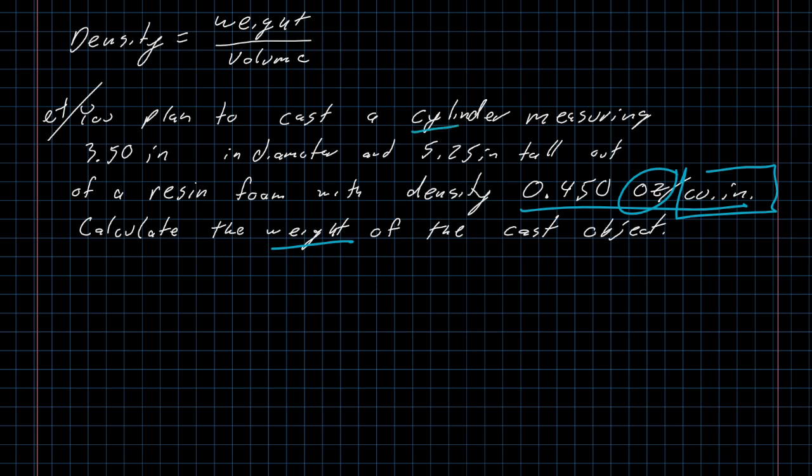All right, well, it's a cylinder. Cylinders are very straightforward. The volume is going to be pi r squared h. We are given a diameter, not a radius, but that's easy enough to figure out. Half of 3.50 is 1.75. And then the height was 5.25.